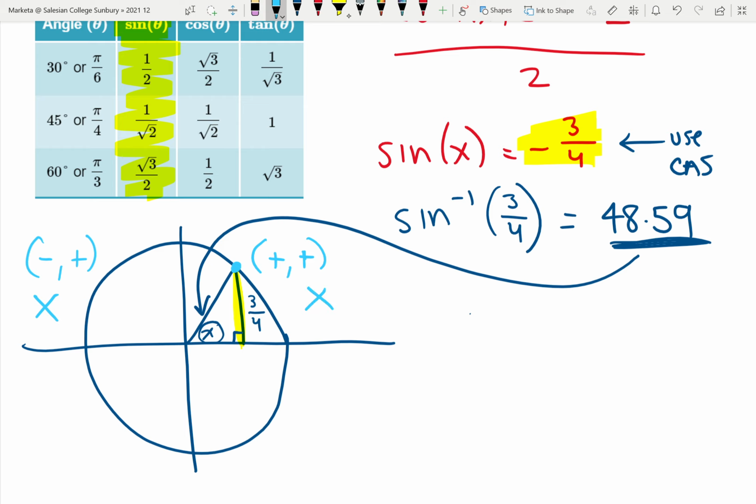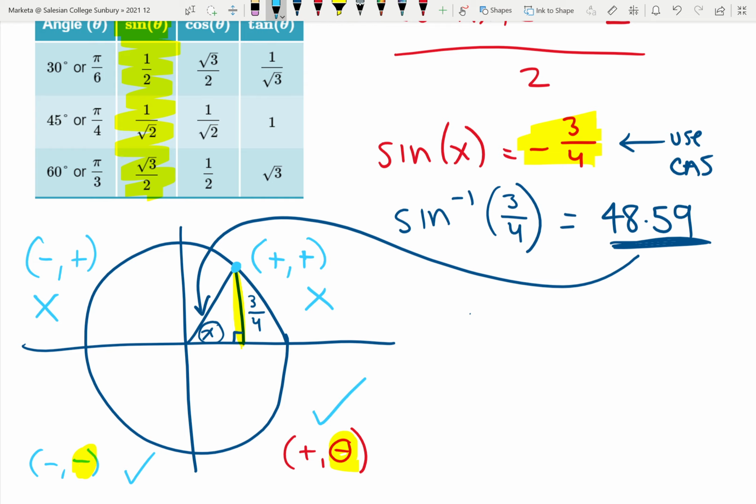In this quadrant here, x is negative and sine is negative, so your x and y values are negative. So yes, we want the negative sign. And lastly, in this quadrant, the x value would be positive and the y value would be negative. So yes, we want to include this quadrant too.